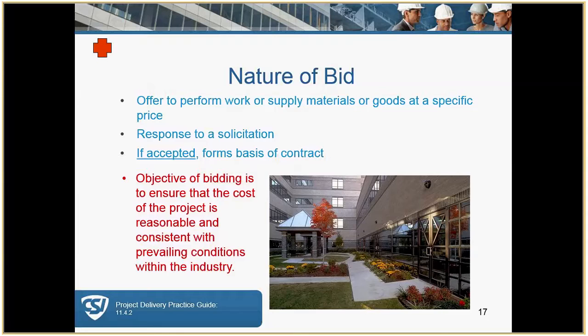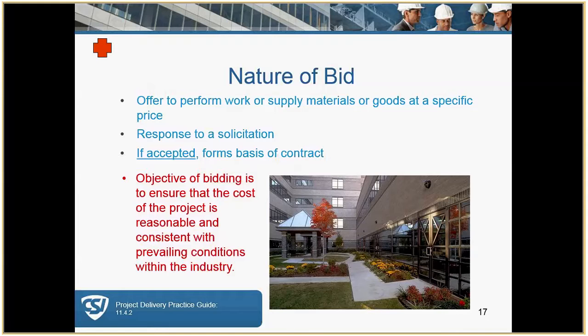The nature of a bid is an offer by bidders for a specific scope of work at a set or specific price. This is a response to a solicitation for bidding, and if it's accepted, then the lowest, or sometimes best, bid forms the basis of the contract.